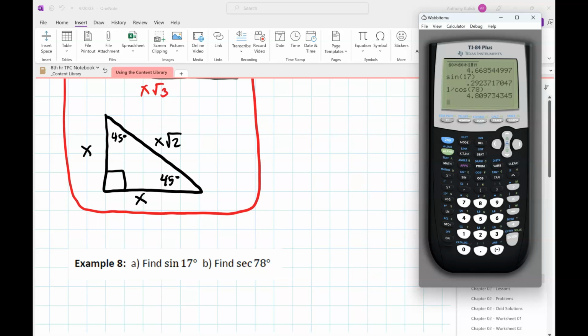So I have 4.810 if you want the third decimal place. I don't know if you care. Everybody's cool? No big deal, right? So that's how you do cosecant or tangent or whatever similarly, right? Just 1 over sine or 1 over tangent.